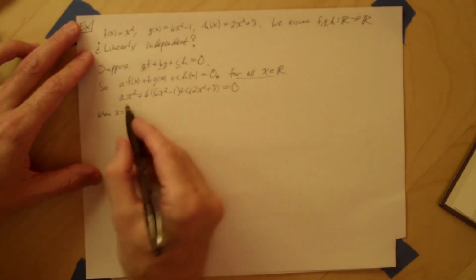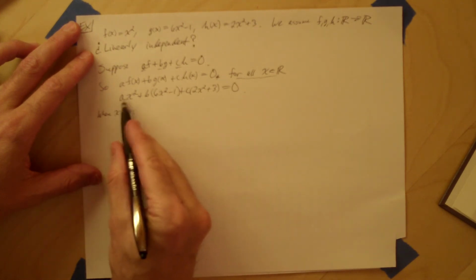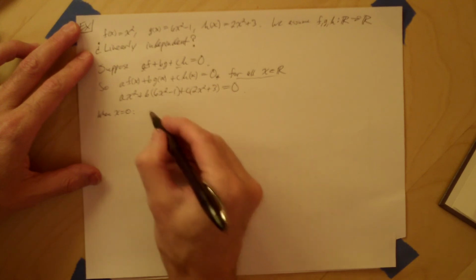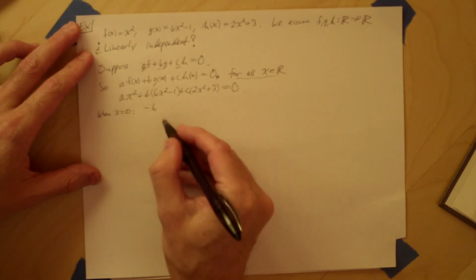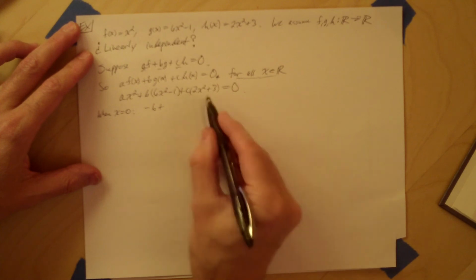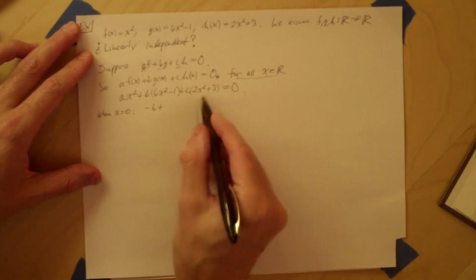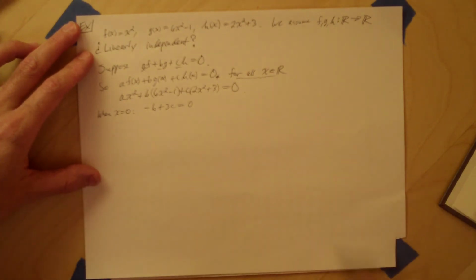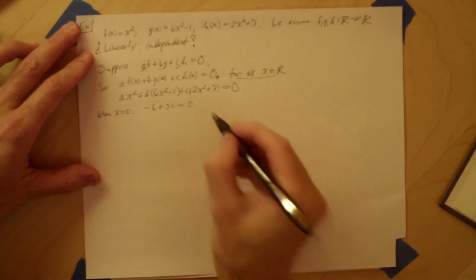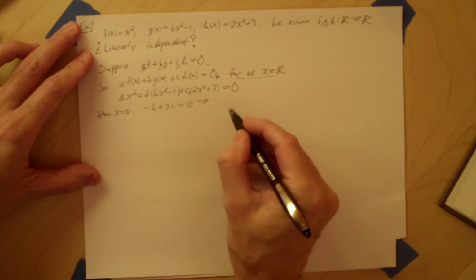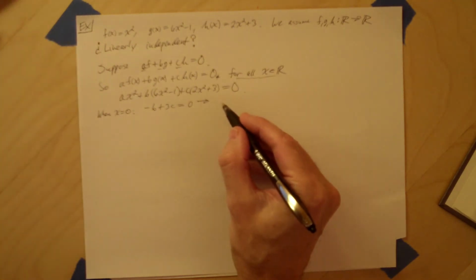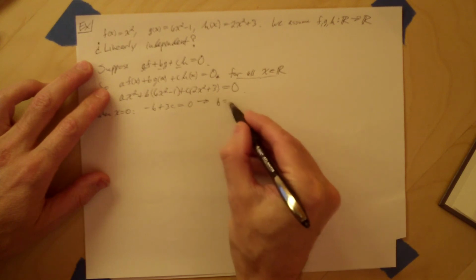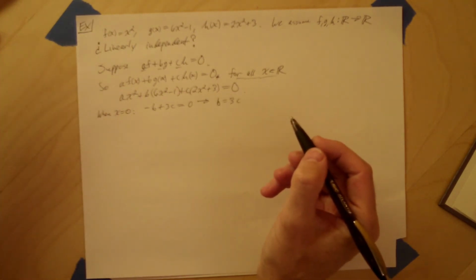You get a times 0, that's gone, plus b times 0 minus 1, so you get negative b, plus c times 0 plus 3, so that's 3c is equal to 0. In other words, b has to be 3c. That's no choice.